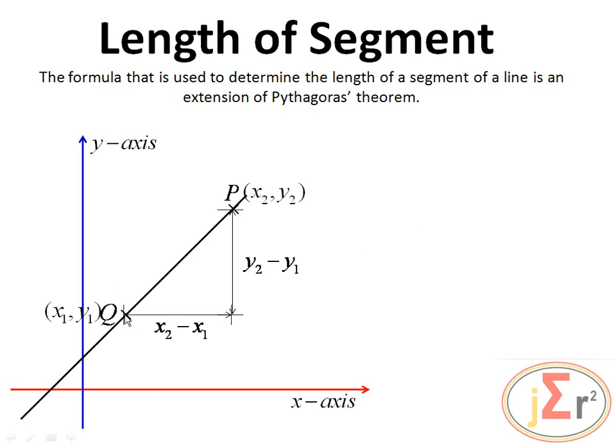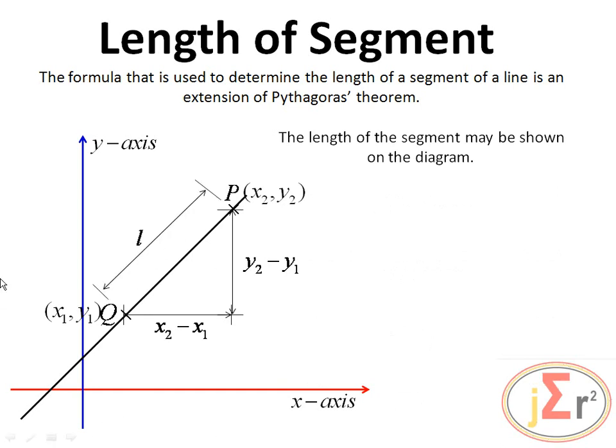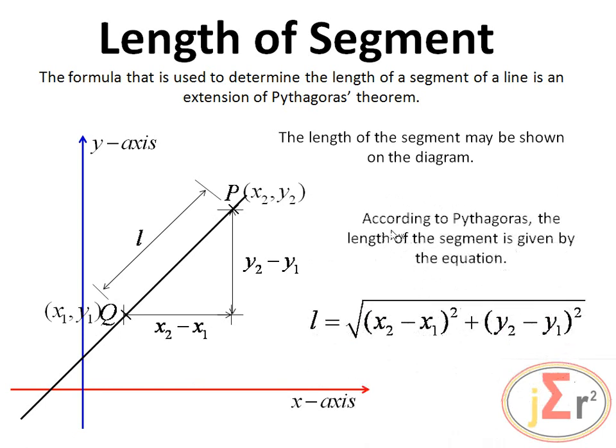So say we have Q here and P here. You need to find the length of the segment from P to Q. So that is what we are doing, and we are using Pythagoras theorem. The length of the segment may be shown on the diagram. So we have that length of the segment, shown on the diagram right there.